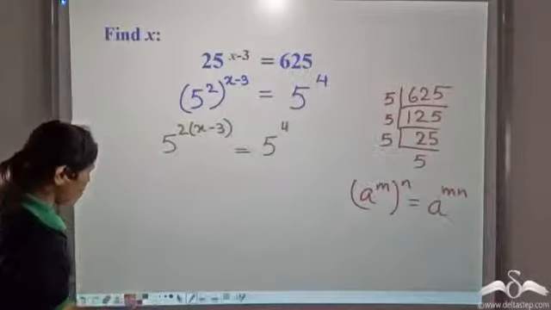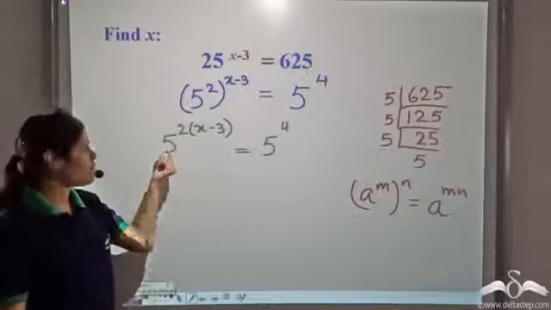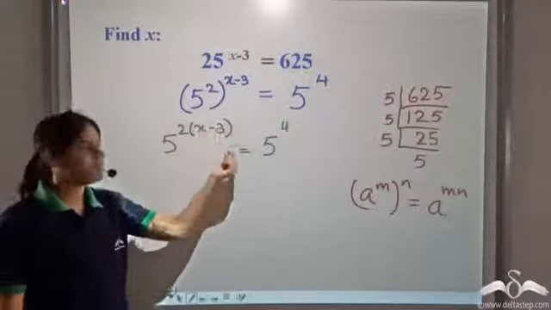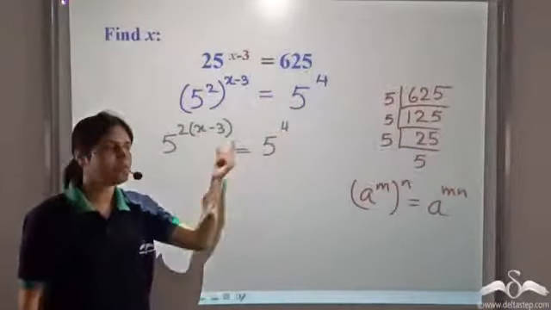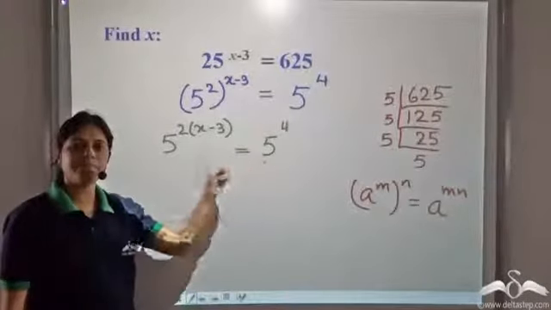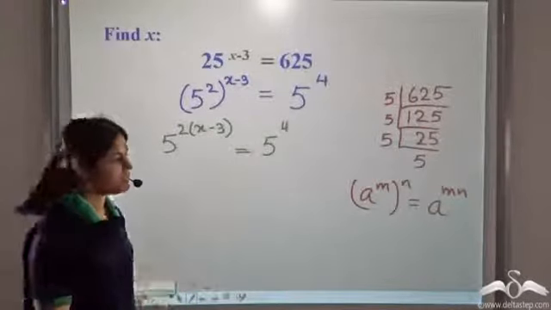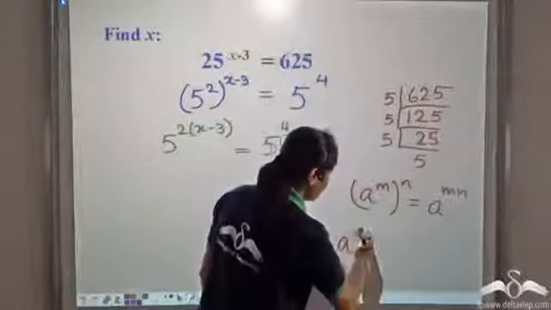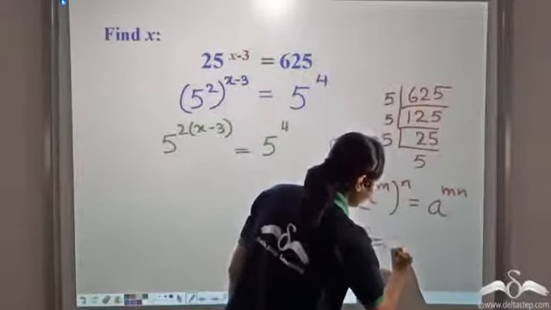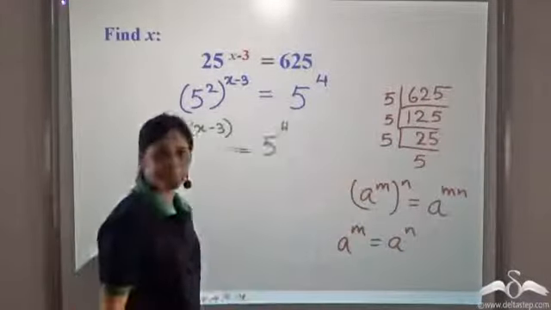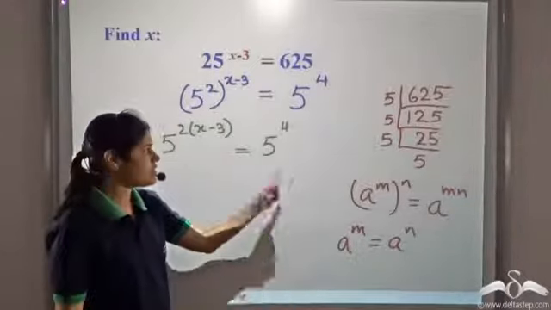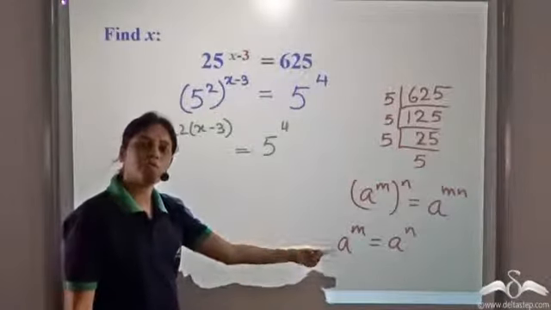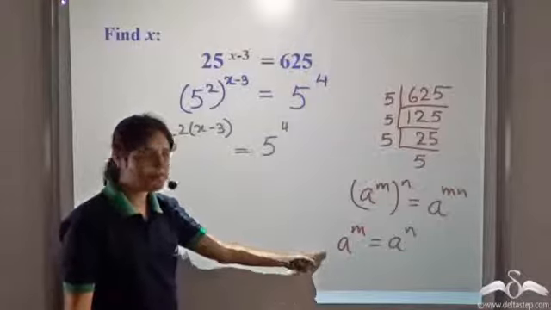Now, this is in the form of a to the power m is equal to a to the power n. We see that the base is same on both the sides. A, which is 5 here, is not equal to 0, 1 or negative 1.